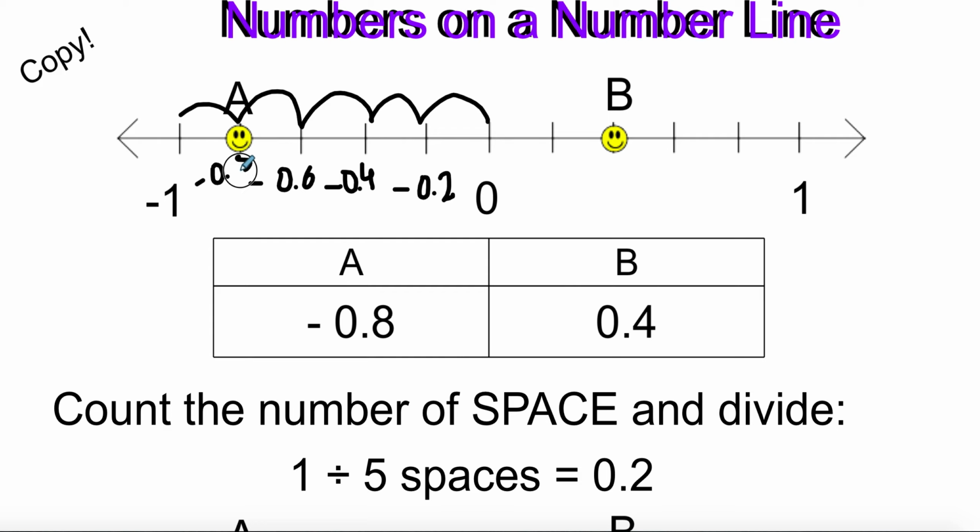So this is point A. So you see how we do this, right? We count the spaces and we divide 1 divided by 5, and you can use a calculator, you're allowed to use a calculator, guys, it's okay, it's not a problem.